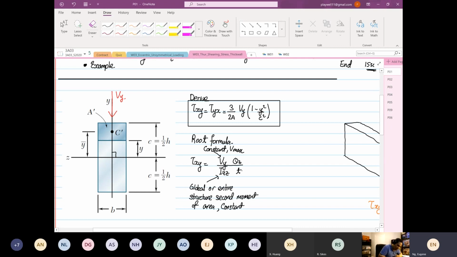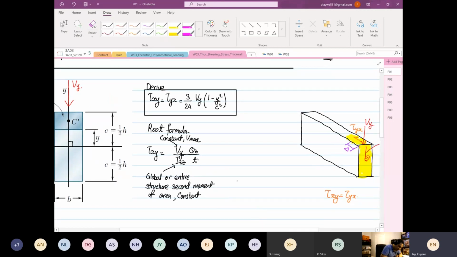Rule number one, you have to remember that V and I are constant, regardless of the point of analysis. This is your rule number one.